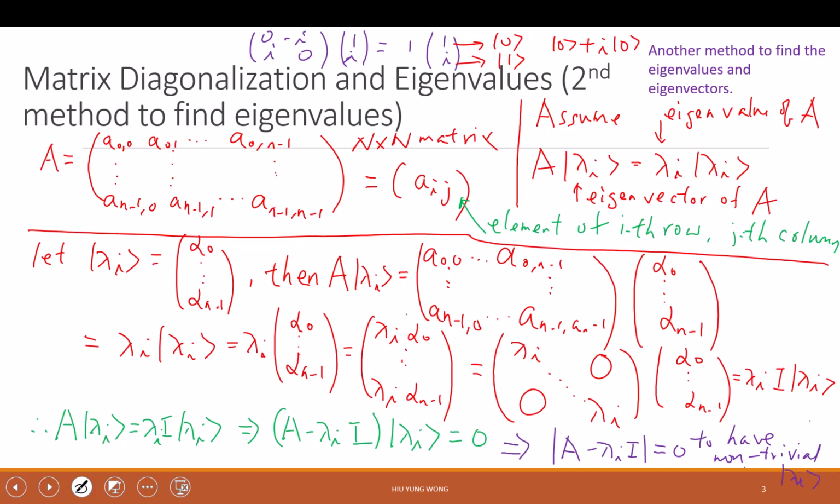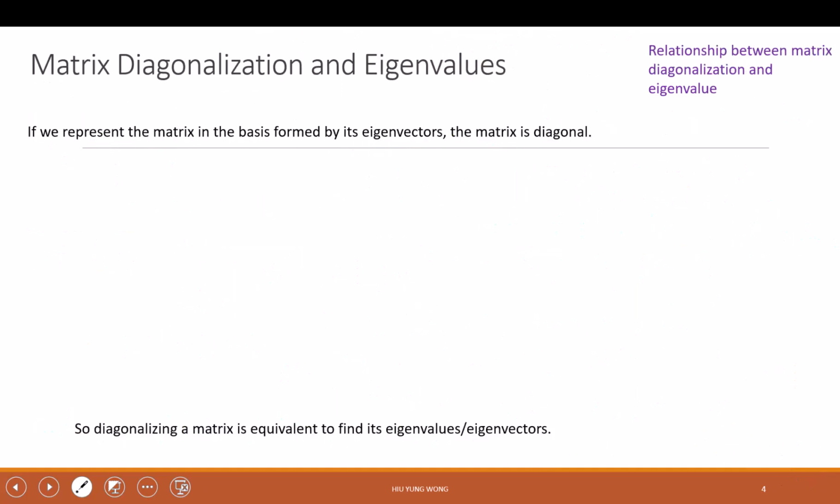Now, what if I express everything in the basis of the eigenvectors? It means this itself is now a basis vector, and it has another eigenvector that becomes another basis vector. What we learned before is just like the plus and minus, remember, for sigma x. We need an example to understand better, but for now just pay attention. We represent the matrix in the basis formed by its eigenvectors.